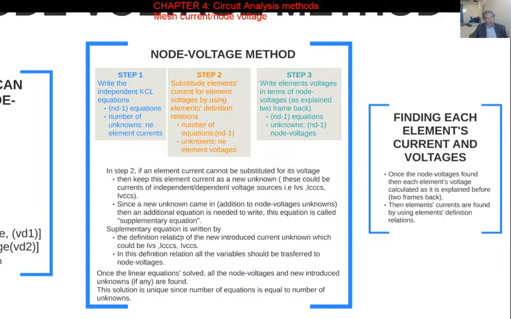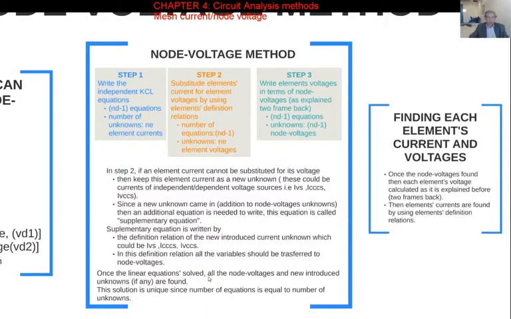We are going to use this element's definition relation. In the definition relations, of course, there could be some unwanted variables. We are going to transfer these unwanted variables to the wanted variables. How we are going to do it, you're going to see in the example and understand it much better.